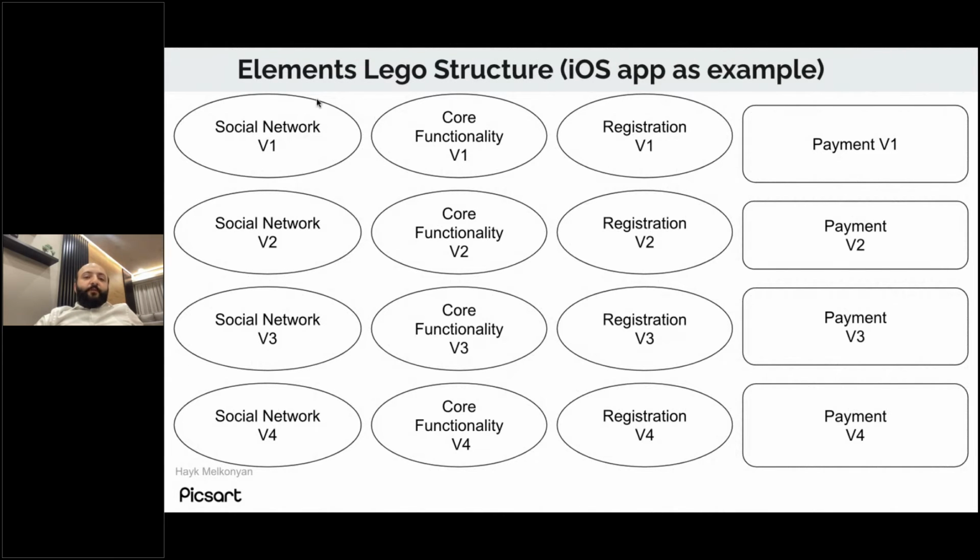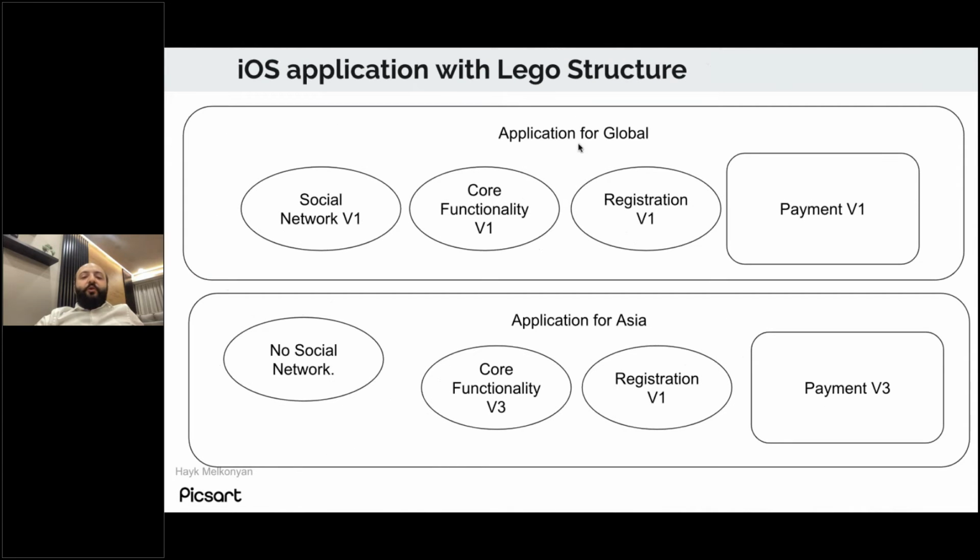Also, each part of this Lego is modular, and for example, this is the iOS structure. You need to have each part separated, and with the same logic, you create each application like this.